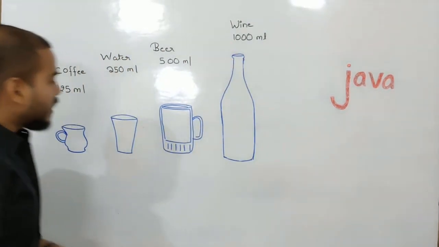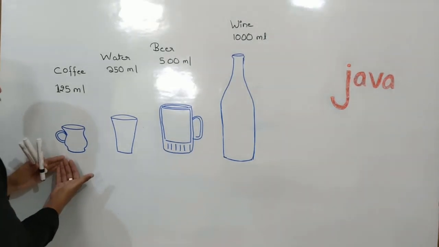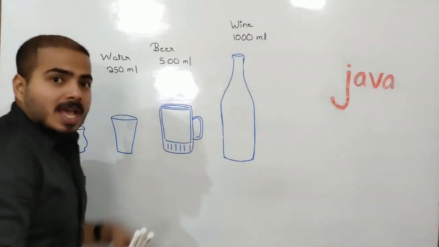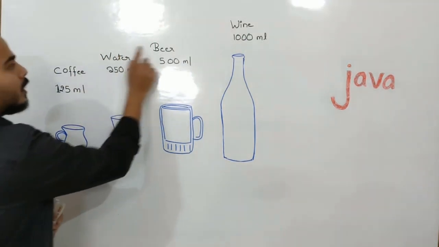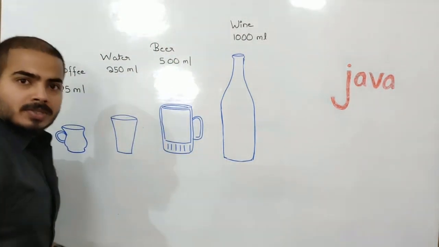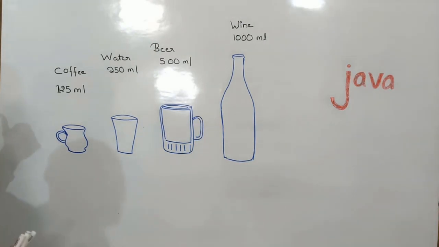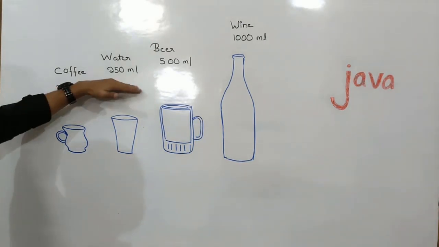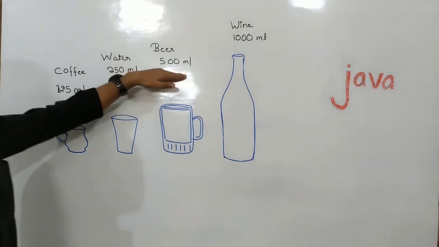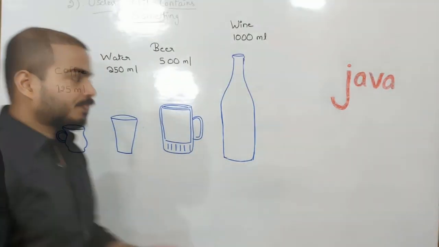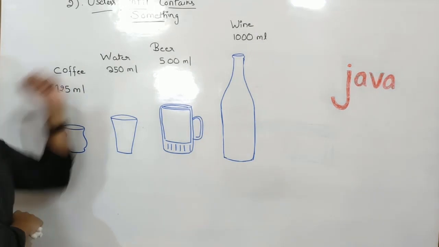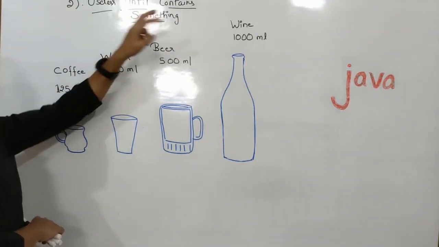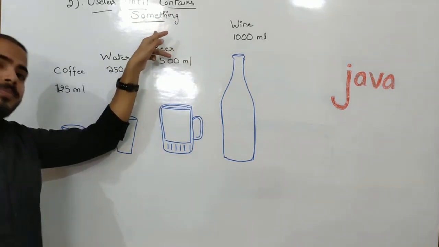So as you can see, every container has different shapes, different capacities, as well as different names according to the purpose. This one has 125 ml of capacity, this one has 250 ml, 500 and 1000.